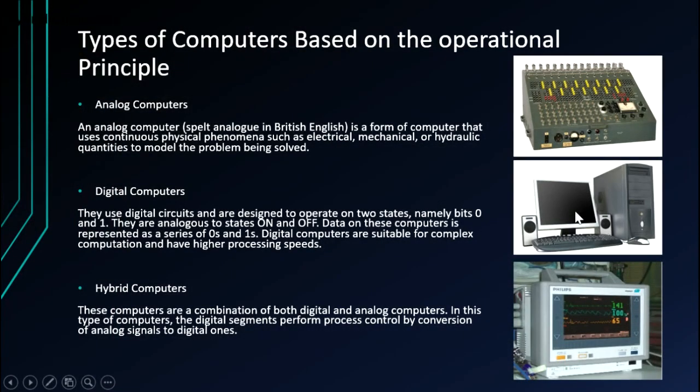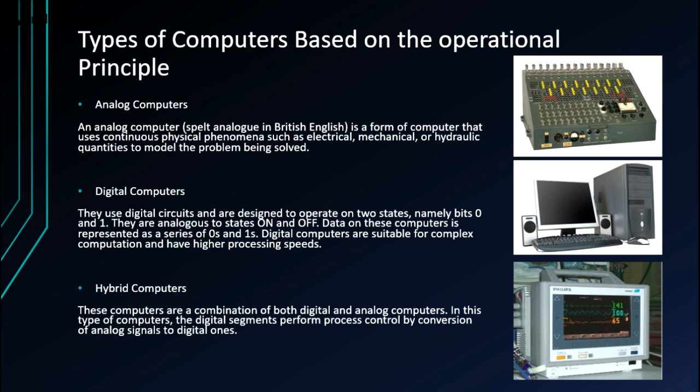Next is our types of computer. We have analog, digital, and hybrid. Okay, so analog is composed of basic components like knobs, buttons, and other forms of mechanical or hydraulic quantities. Okay, so digital computers are the computers we have nowadays that can perform binary operations and can perform anything digital.